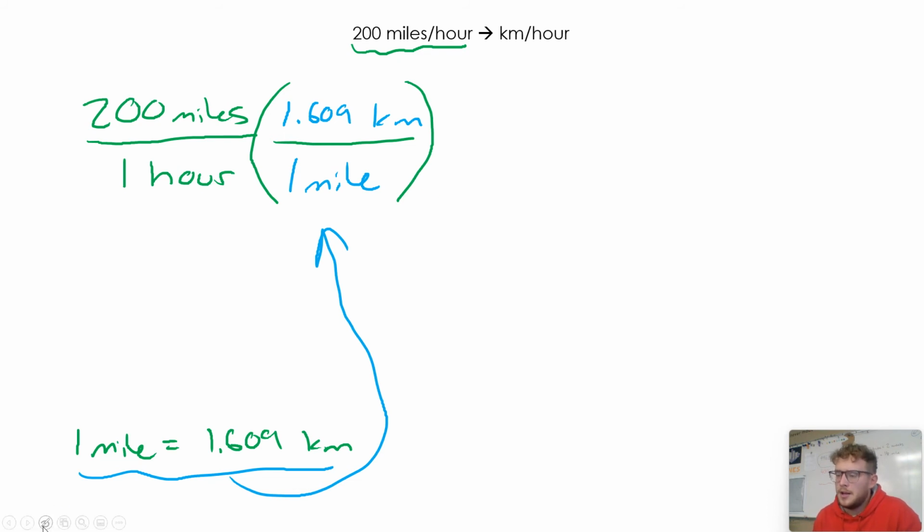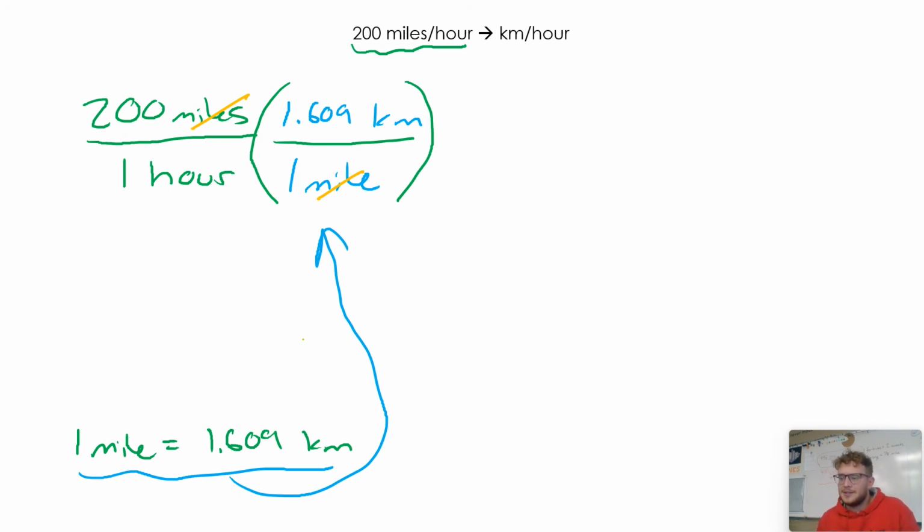All right. And so, what happens to my units? Well, since I had miles up top here and miles on the bottom there, they cancel. So what unit am I left with? The only ones that did not get canceled are kilometers on the top and hours on the bottom, which means my answer is going to be in kilometers over hours, or kilometers per hour. Well, shoot, that's what I want. That was my goal.